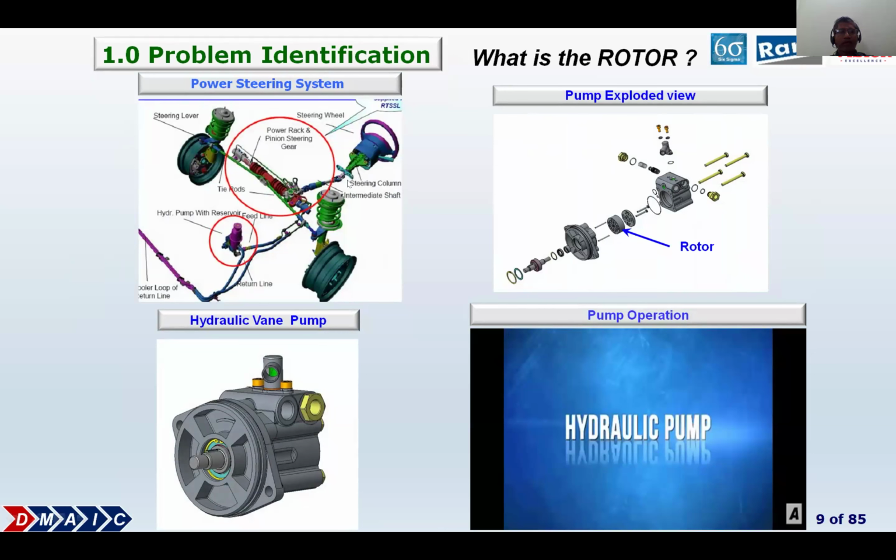This is the overall system we can see in the vehicle. In this vehicle, the hydraulic pump gets fitted. This is the schematic view and the exploded view of the hydraulic pump. In that hydraulic pump, you can see the rotor. In this rotor only, we faced the phase out issue, so we took action against this.